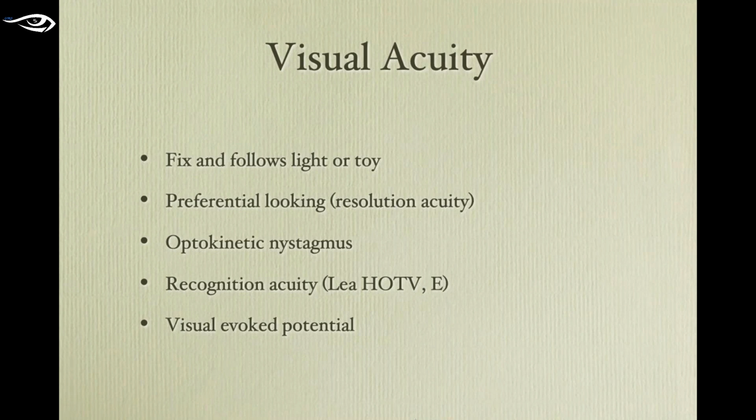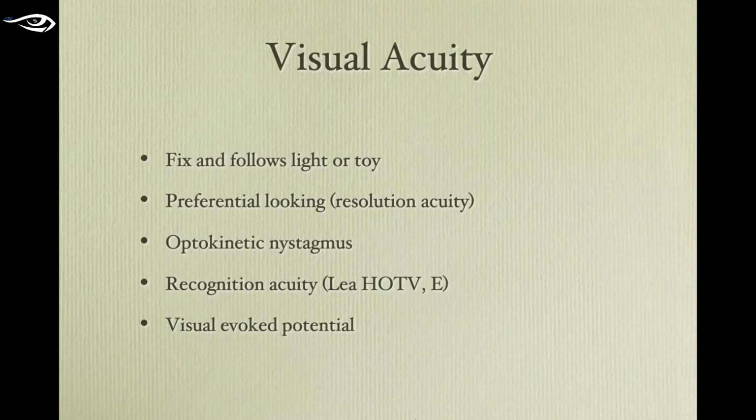But an important differentiation between VEP and things like preferential looking or even fix and follow is that VEP tells you whether the visual pathway, from the photoreceptor in the eye to the back of the visual cortex, is intact. It doesn't tell you about visual functioning at all.